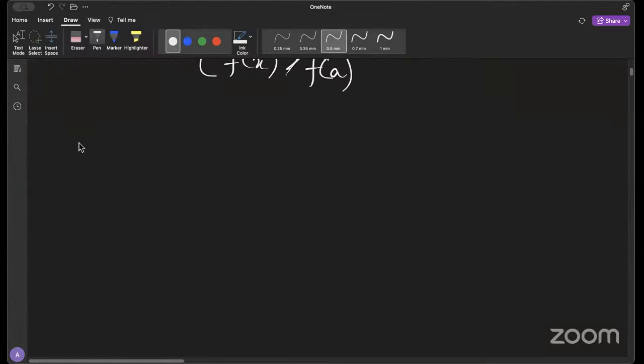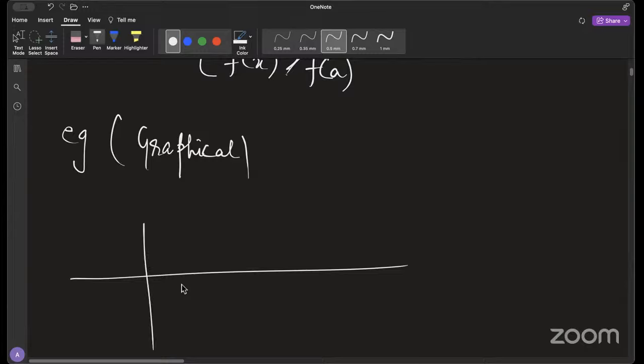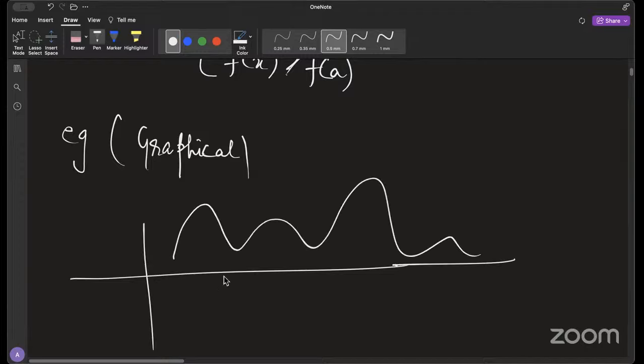Let's look at some graphical examples. Let's say you have this graph. Then this point corresponds to this height.